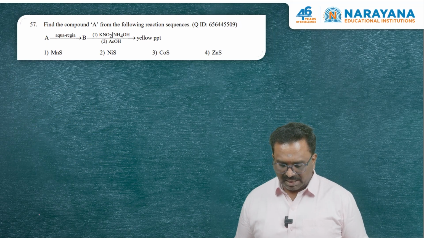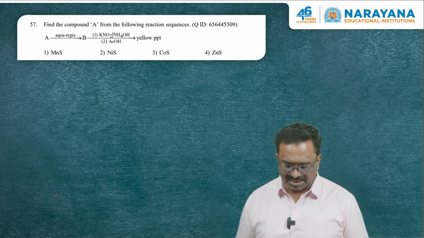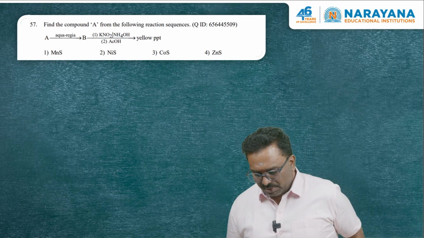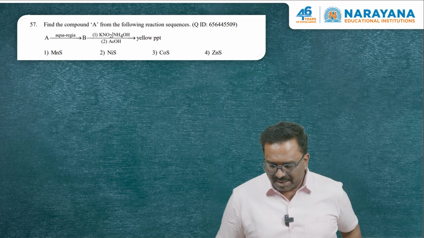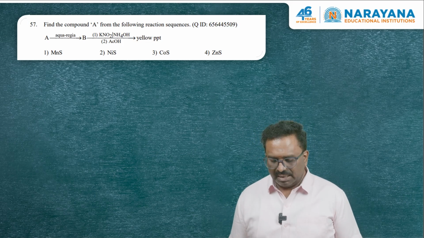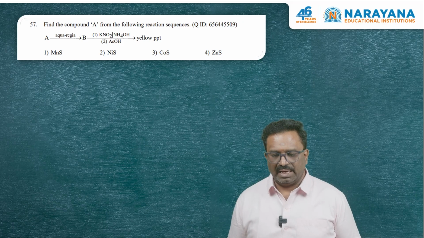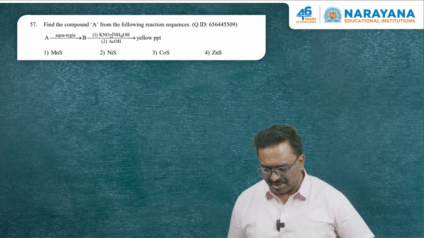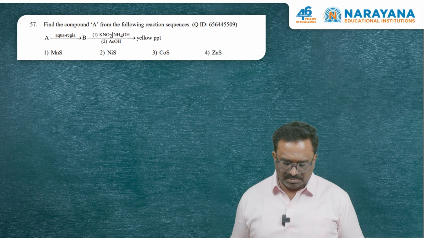Let me see another condition given here. Compound A from the following reaction sequence. A is aqua regia, and this reacts with KNO2 in ammonia solution, further by acidification, giving a yellow precipitate.